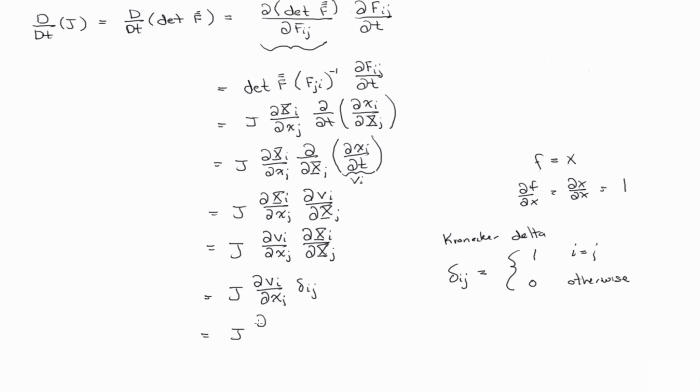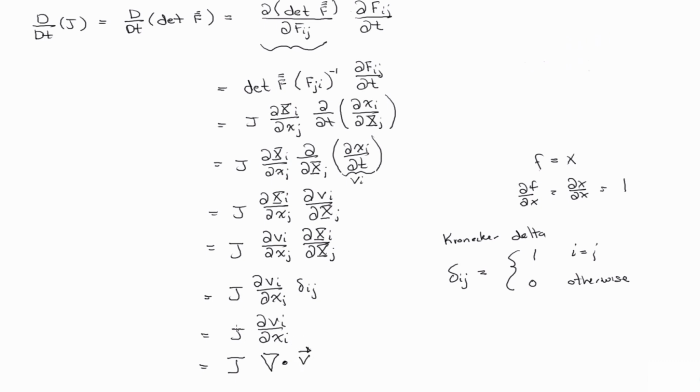So in other words, what we'll say is that this is vi partial xi. What you're more commonly used to seeing, partial vi partial xi, is as a gradient operator dotted with v, so we have that J is equal to the divergence of v.